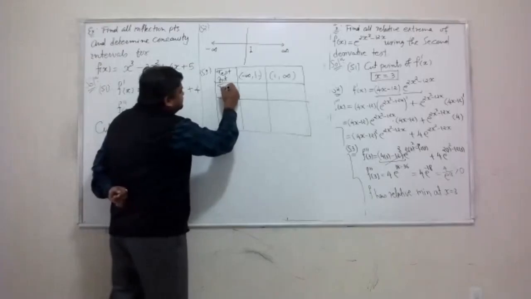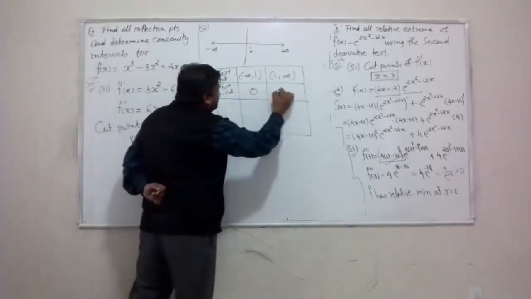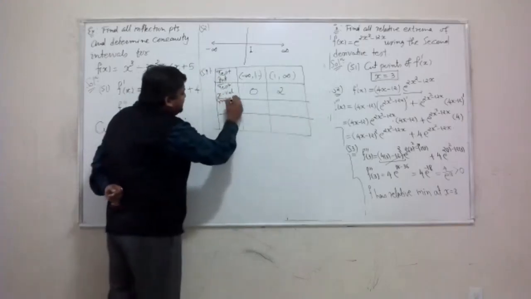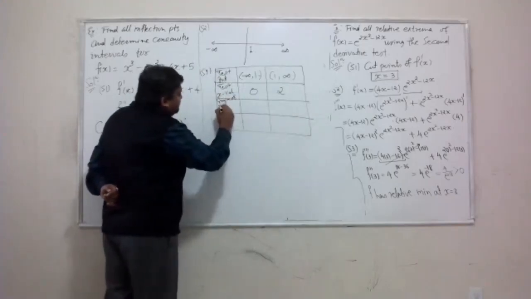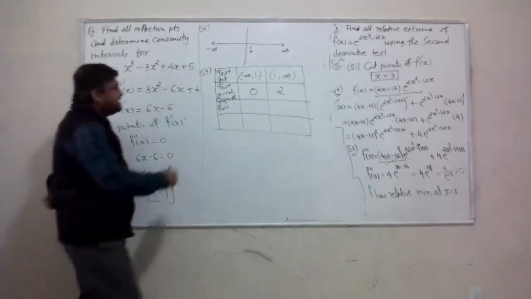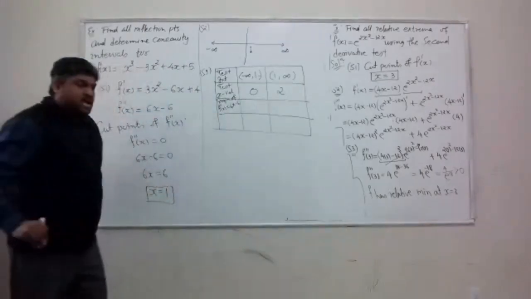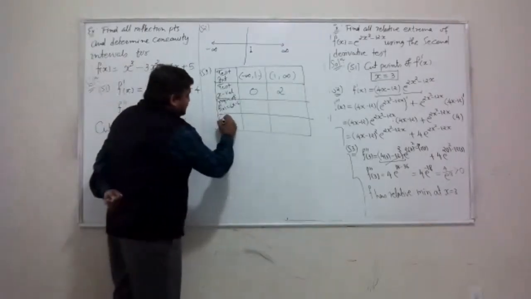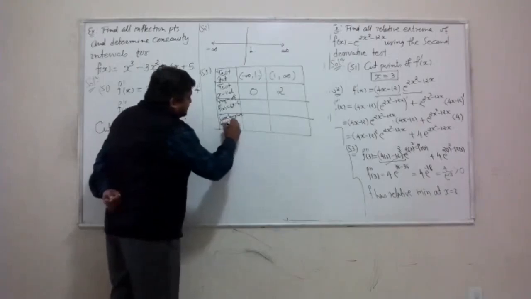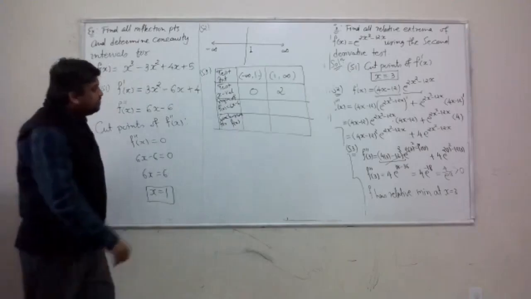Pick a test x value, maybe 0 from here, 2 from here. I need the sign of the second derivative. The second derivative of the function is 6x minus 6. And then the last row is for the conclusion for the original function, right?